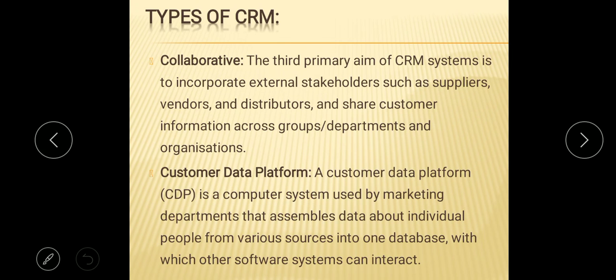Next type of CRM is collaborative CRM. The primary aim of the CRM systems is to incorporate external stakeholders such as suppliers, vendors, and distributors, and share customer information across groups or departments and organizations.